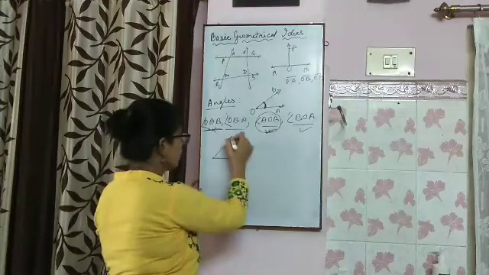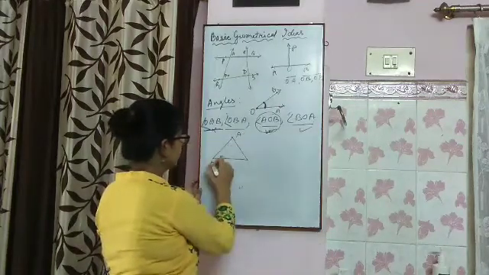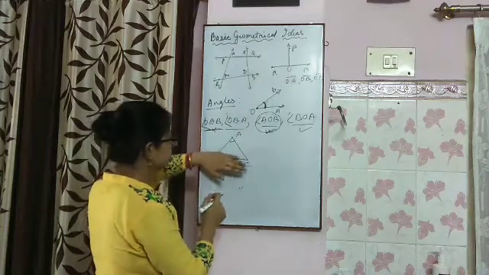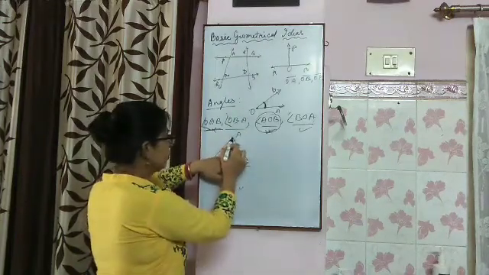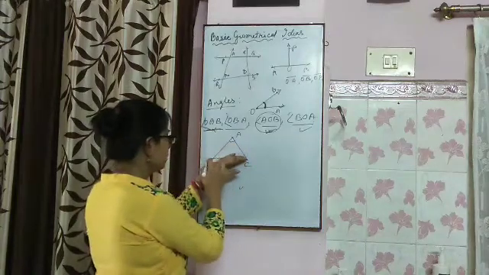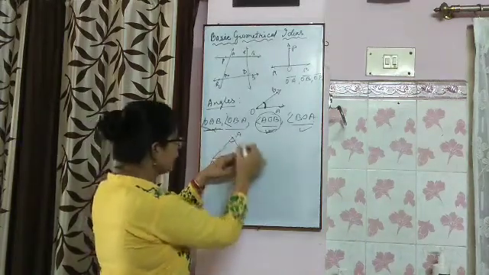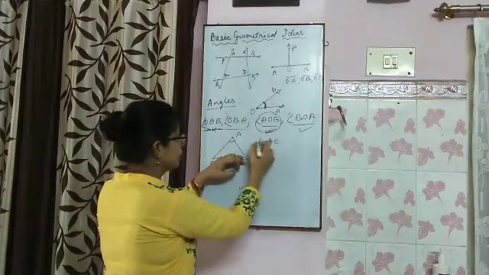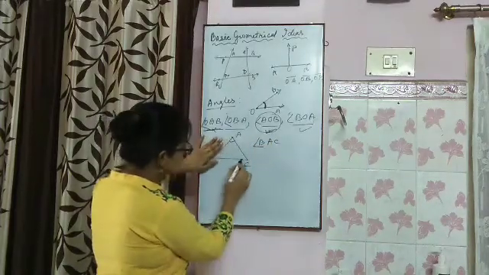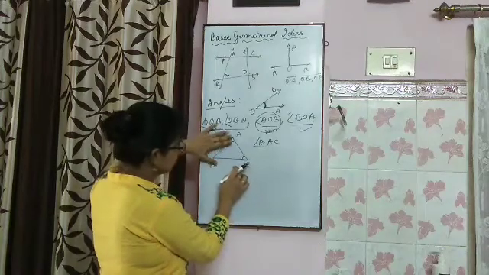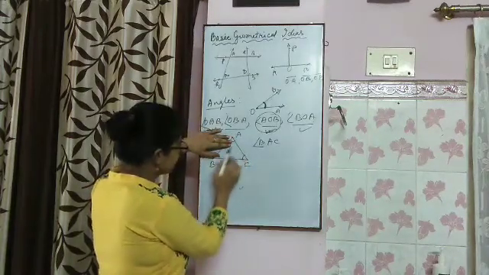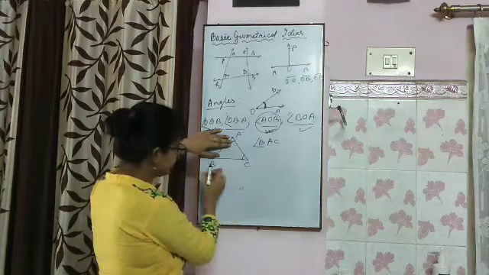So while naming, how can you say this angle? Suppose how to name this angle? This angle is formed at point A. Therefore we will say BAC. This A must come in between. BAC. Here is an angle. To name this angle, C must come in between A and B. So ACB.